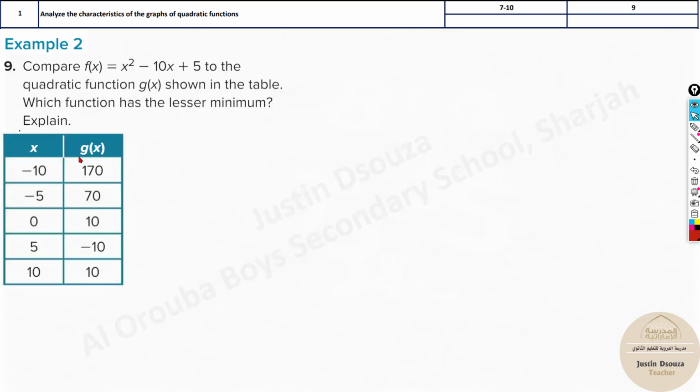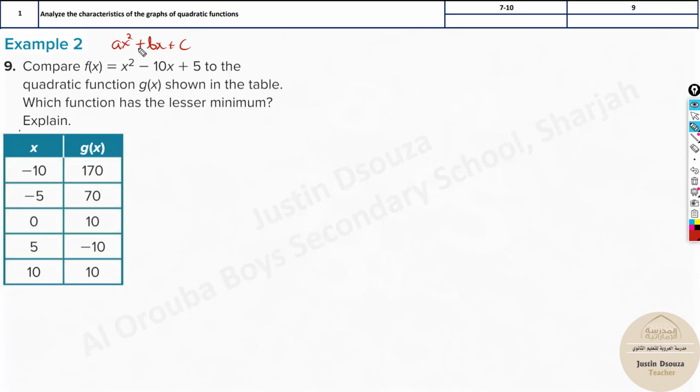Let's see. Now over here we have tables and an equation. What do we do over here? Do you remember the formula for the vertex from this equation? First of all, let's write the standard form, that is ax squared plus bx plus c. Whatever is the coefficient of x squared is a, coefficient of x is b, that is -10 in this case, the a is 1, and the last part is c, that's 5.